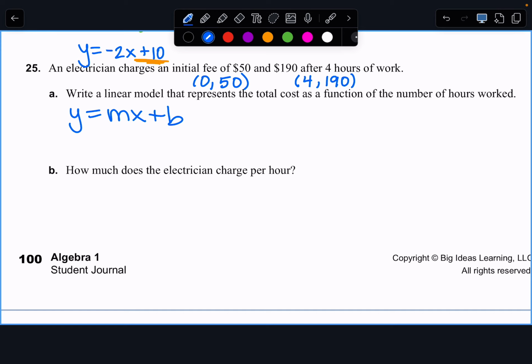Okay, what do we know from that right now? We know that our y-intercept is 50. Now what do we need to find? We need to find our slope.